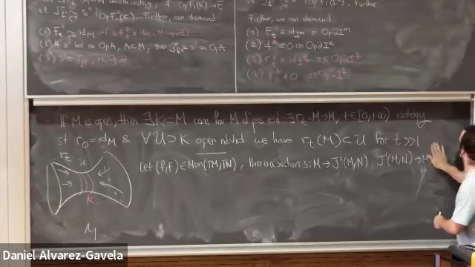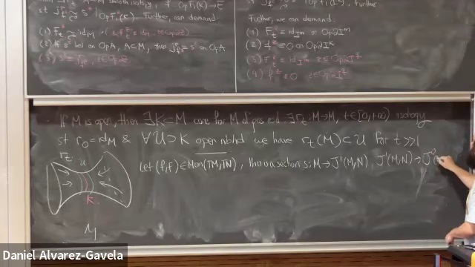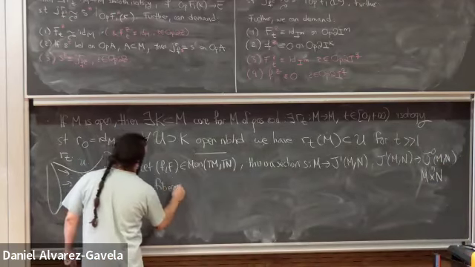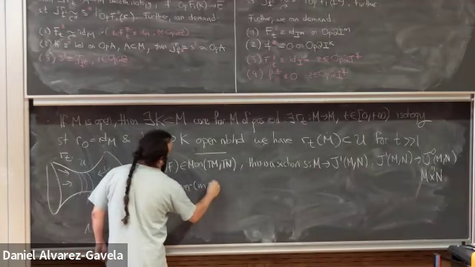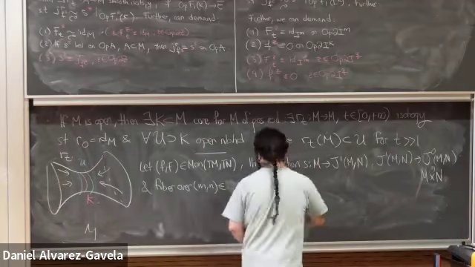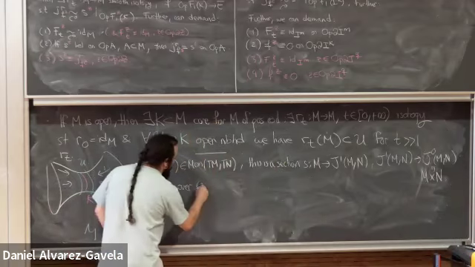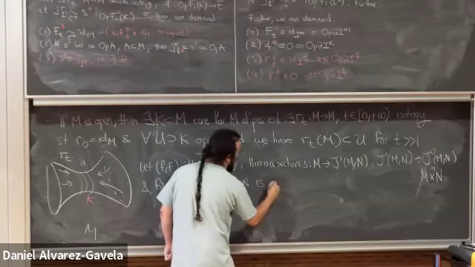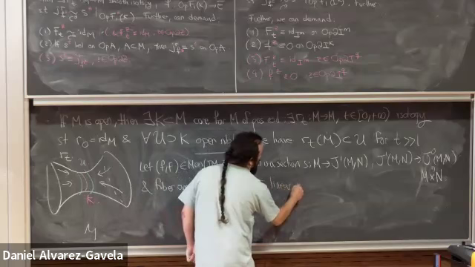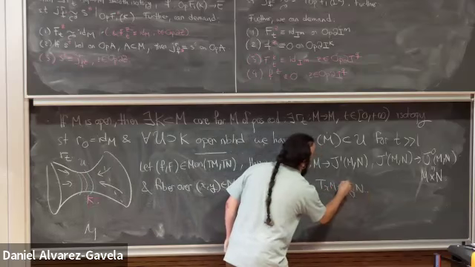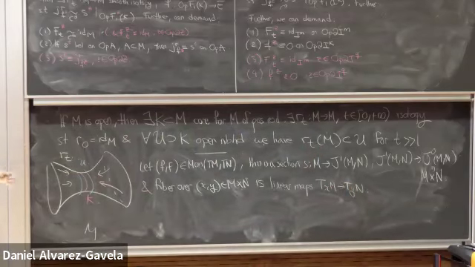This one-jet bundle is fibered over the zero-jet bundle, which is just the product of M and N, and the fiber over, maybe I'll say x, y, we've already used M and N for dimensions, the fiber over x, y is precisely the set of linear maps from T_xM to T_yN. Okay, so this data gives me a section.